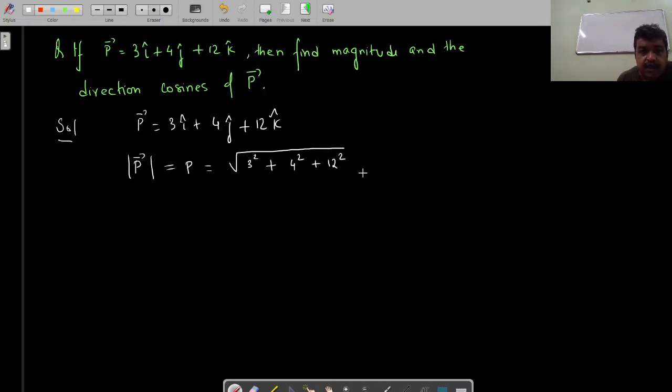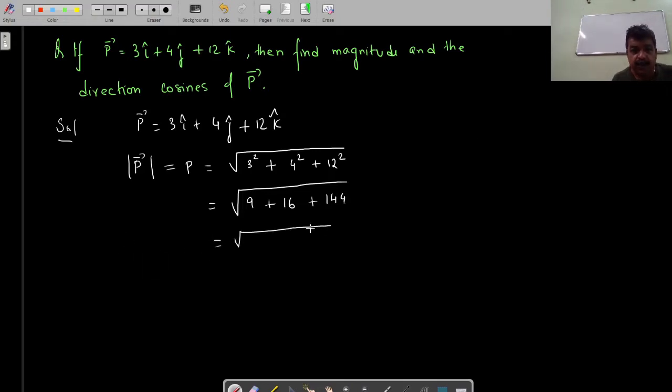So that is square root of 9 plus 16 plus 144, since 12 square is 144. That is 169. Square root of 169 is 13. So the magnitude of this vector p is 13. So this one part is done.